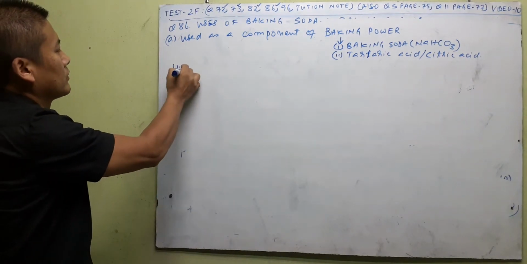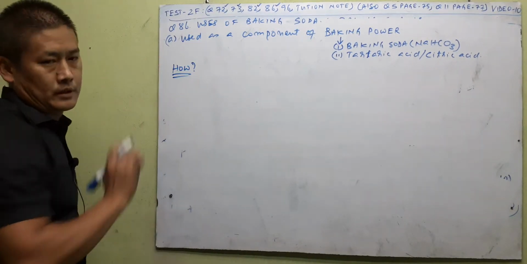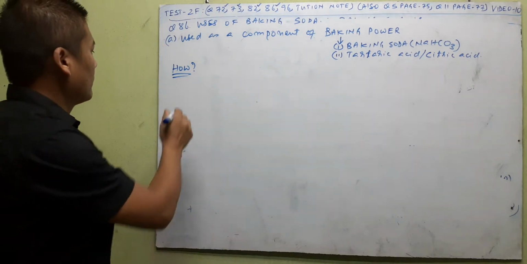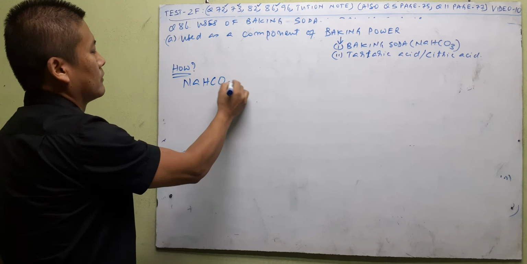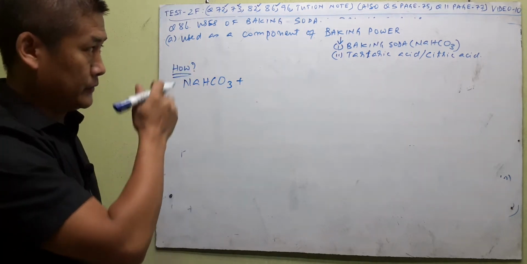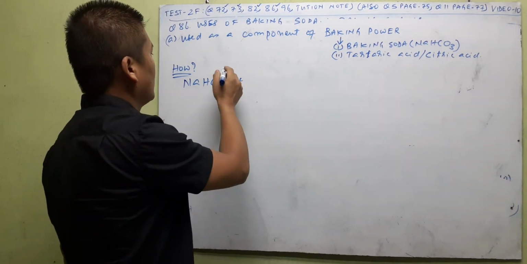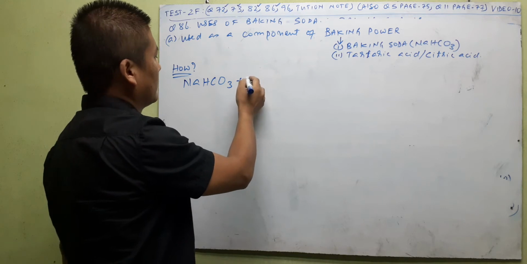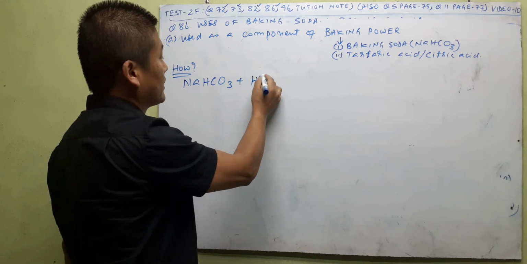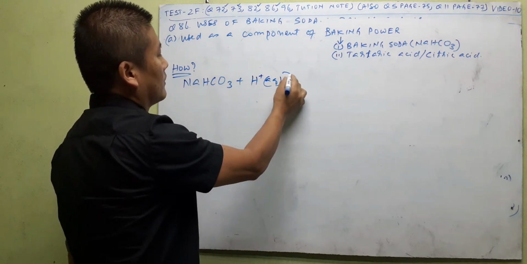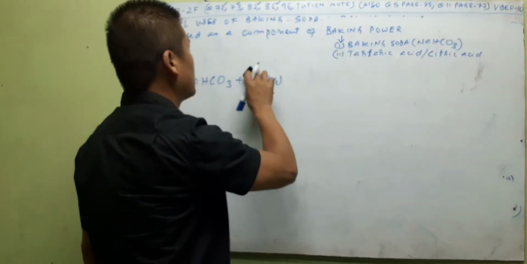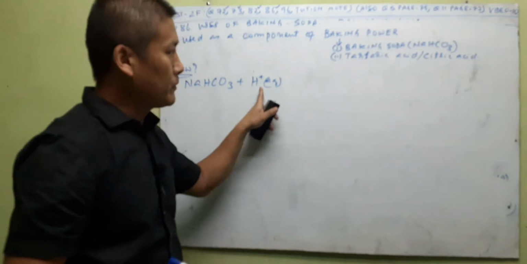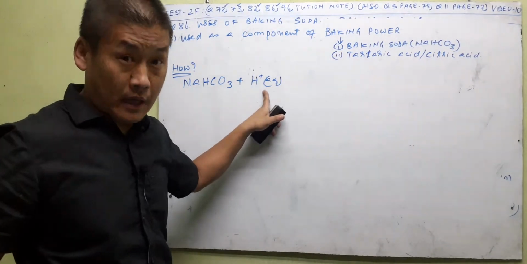How it is used? Let us see. This is important. Now, baking soda, when mixed with tartaric acid, which means H plus, because acids are those substances that release hydrogen ion, so acids can simply be represented as H plus also.